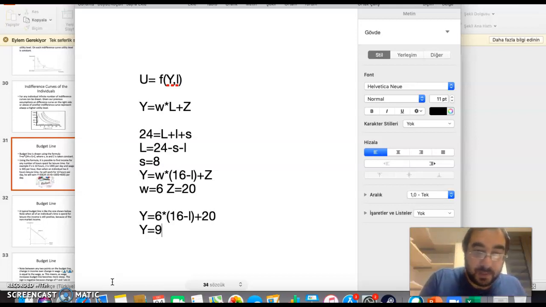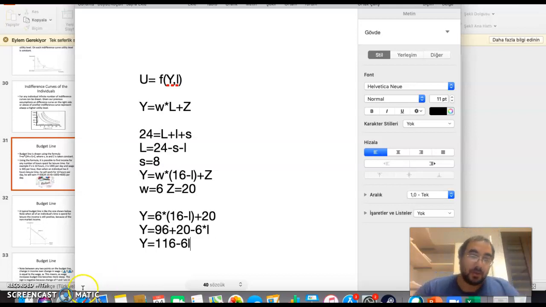I will use 96 plus 20 minus 6 times L. So Y is equal to 116 minus 6L. So this will be our budget line in this case.